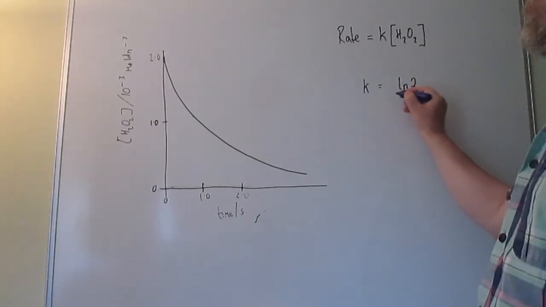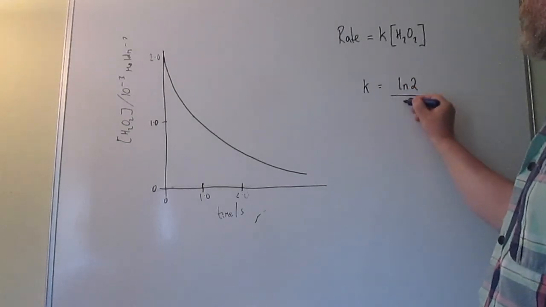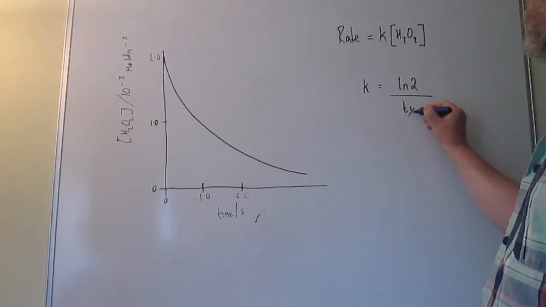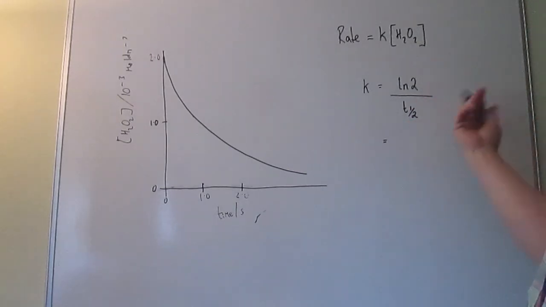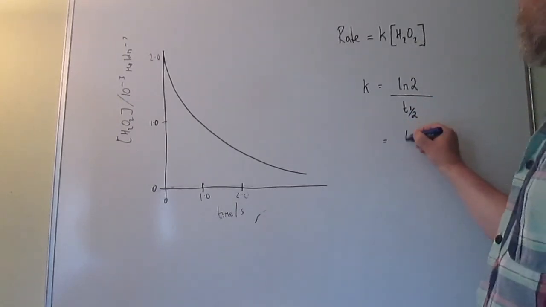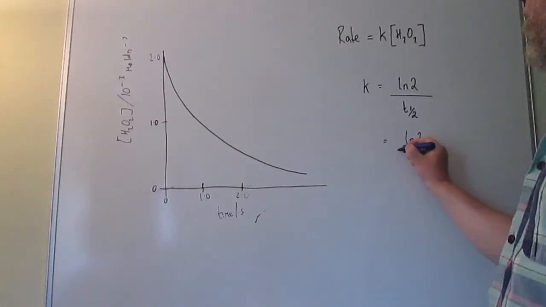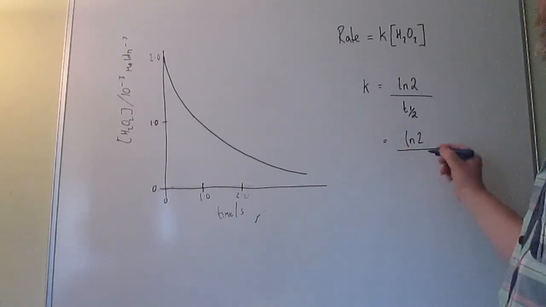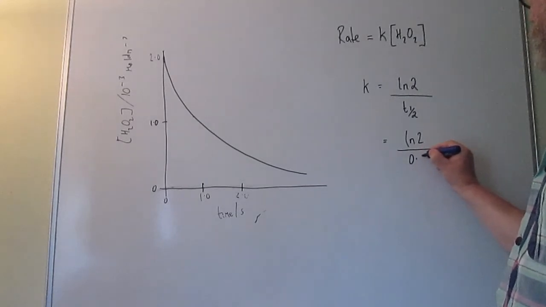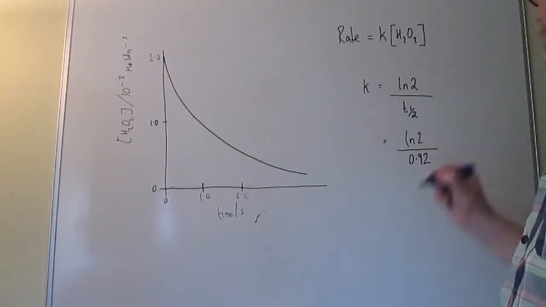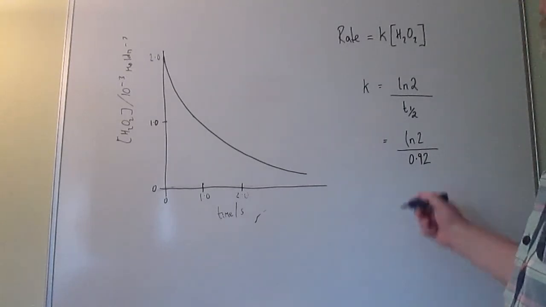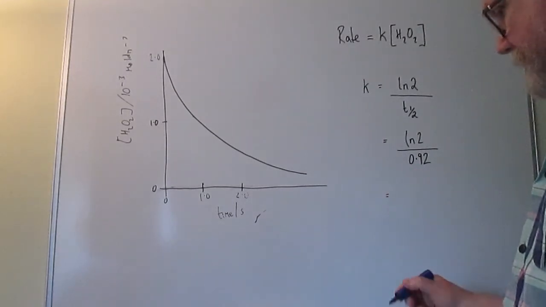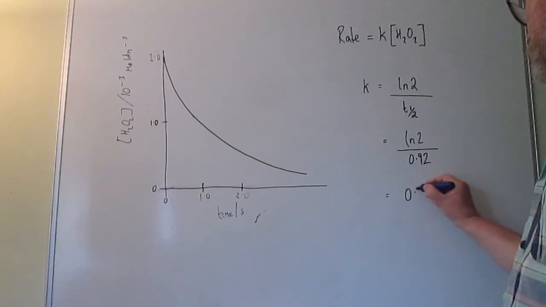So it's just a number, the natural log of 2, divided by the half-life. And because it's a first order reaction, the half-life is constant, so it is what it is. So in our case it would be ln 2 over, well, I measured 0.92, but whatever value you got, you just plug the number into your calculator and that should come out somewhere in the region of 0.75.